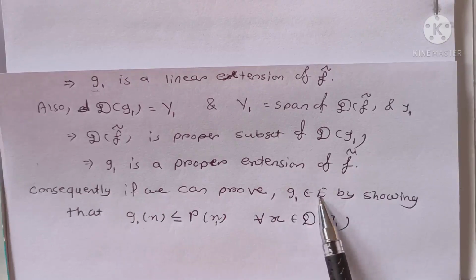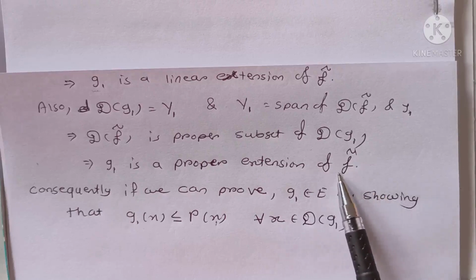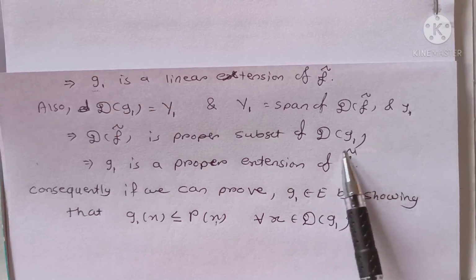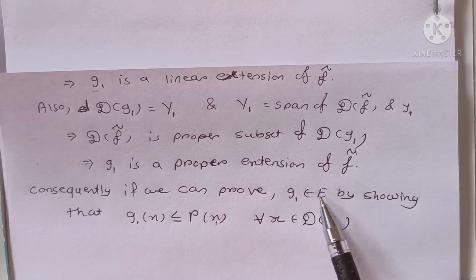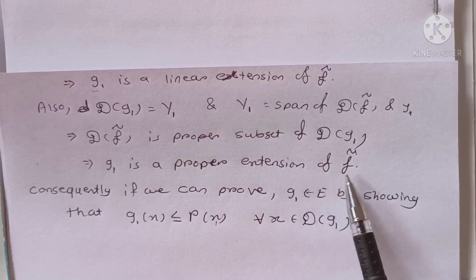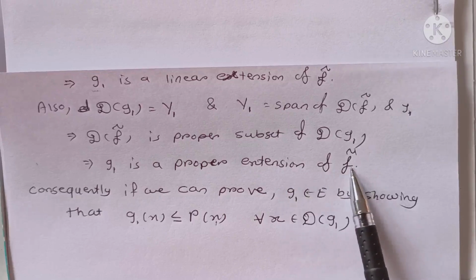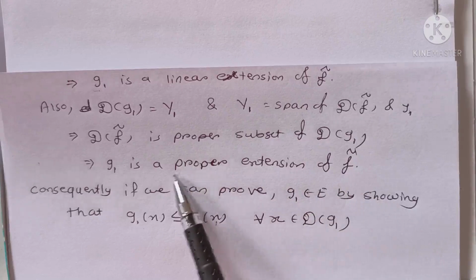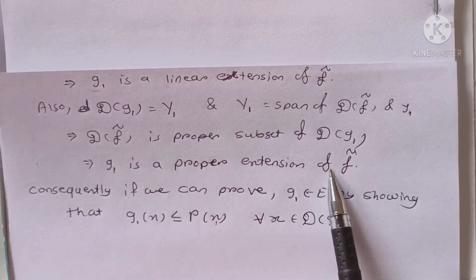But when g1 belongs to E, and in E, f tilde is the maximal element, it implies that g1 must be smaller than f tilde. But here we proved that it is a proper extension of f tilde.